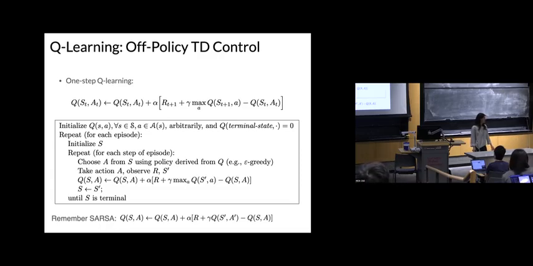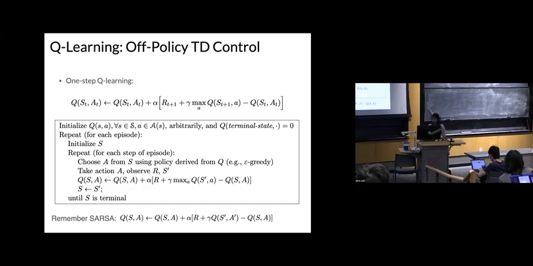Yes. SARSA learns the optimal epsilon-greedy policy, but Q-learning would learn the actual optimal policy that is deterministic. Yeah, because in the other one, no matter what, with epsilon probability you will break and sample actions uniformly at random, which are going to be suboptimal actions.